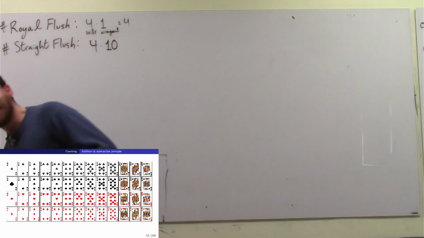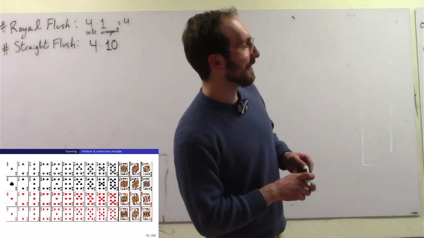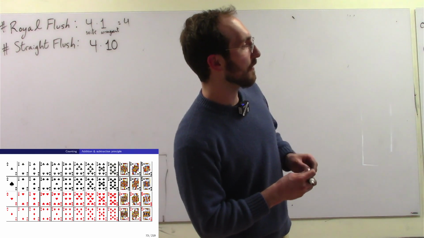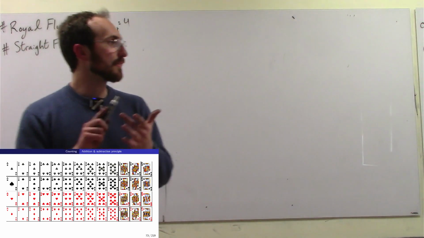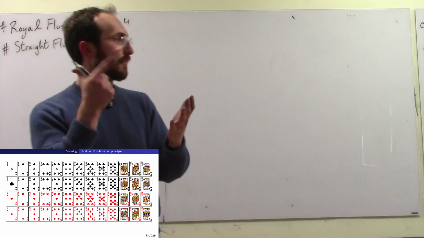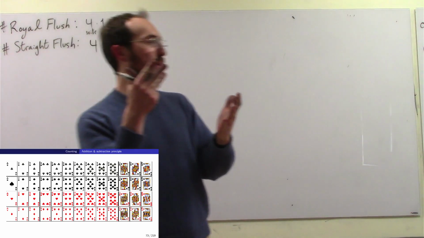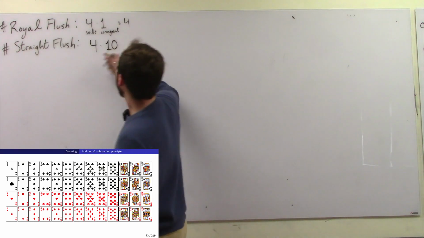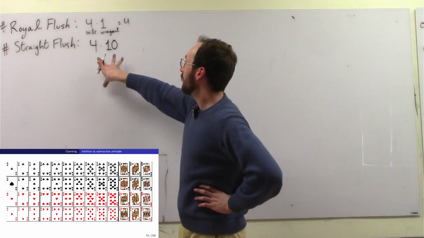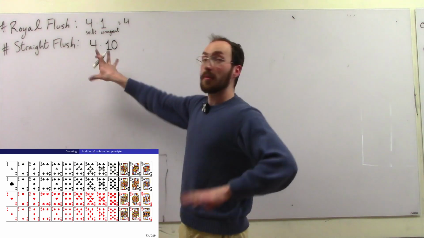The way I like to think about it is what's your highest card, how many highest cards there are in a straight. We can do 5, 6, 7, 8, 9, 10, jack, queen, king, ace. 10. There we go. So there are 40 straight flushes.